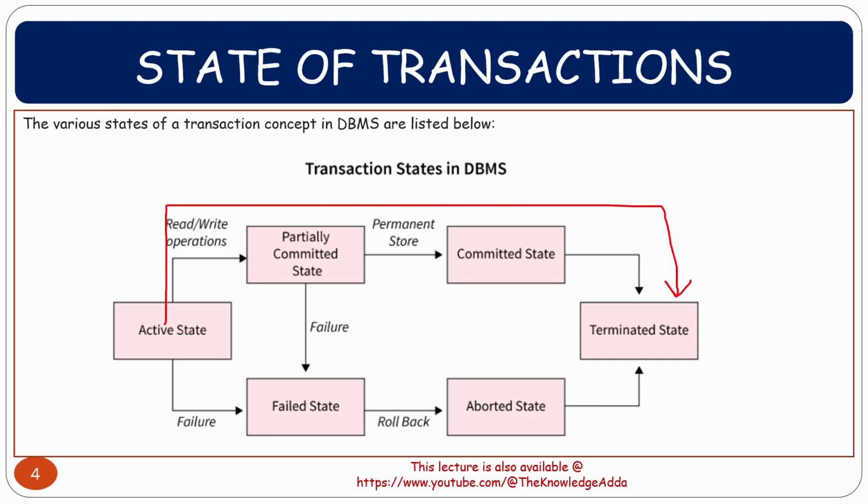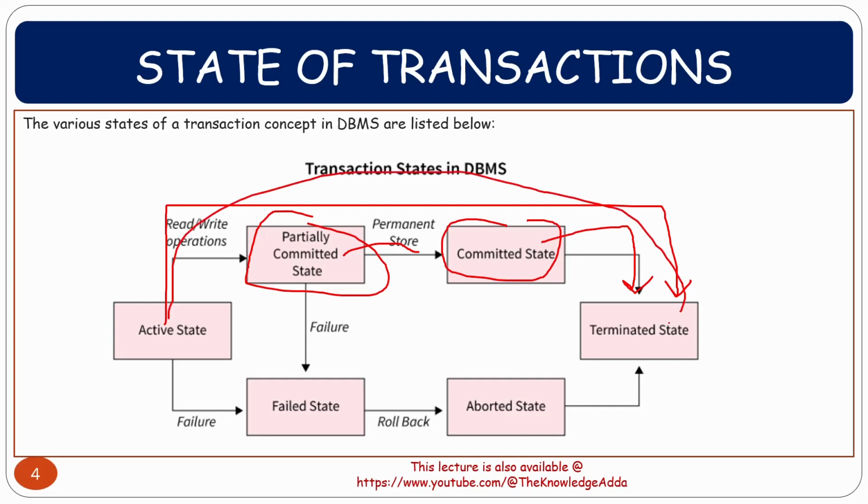When you are writing any insert or update query and just pressing the execute button, at that time your query is in the partially committed state, because the query is going on but it is not yet reflected in the database. When it is reflected in the database, that is the committed state, your transaction is completed and then terminated. Now again you can write another query and execute it. So this is one simple process.